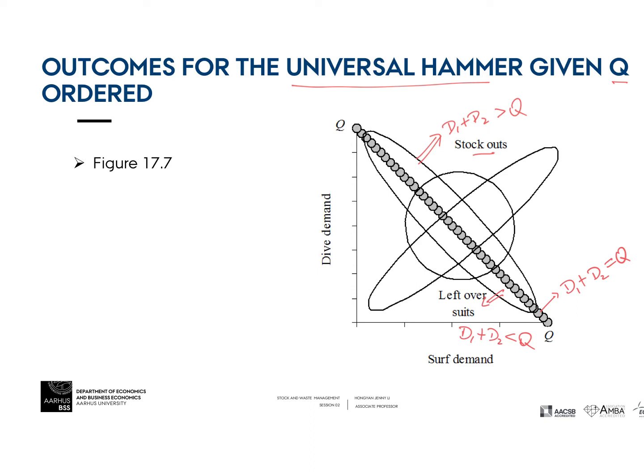That's also why we are interested in pooling the products, because this D1 plus D2 line shows your products are negatively correlated.